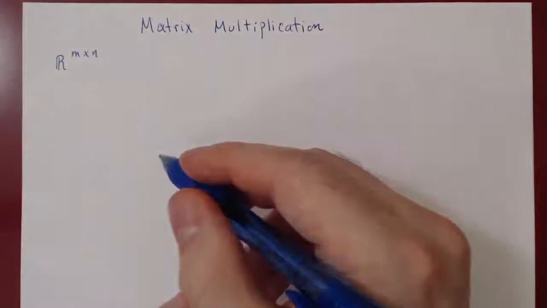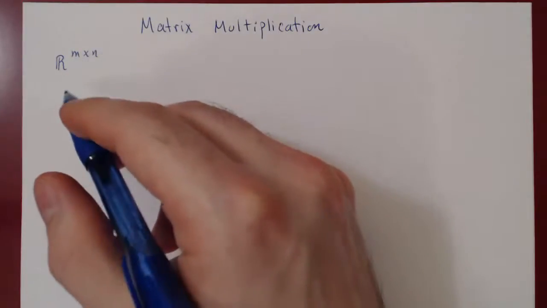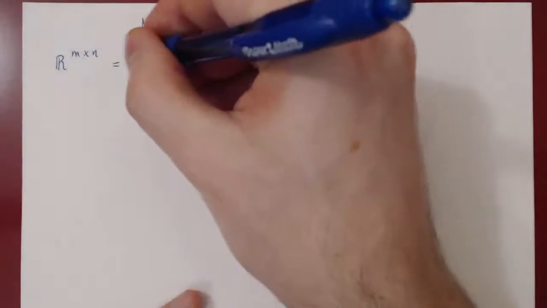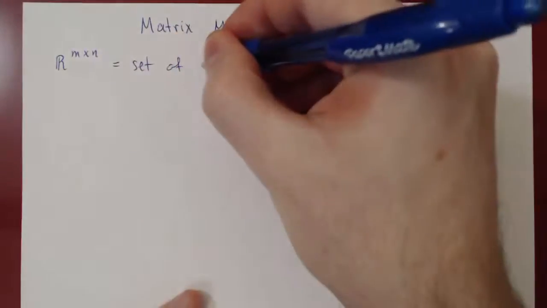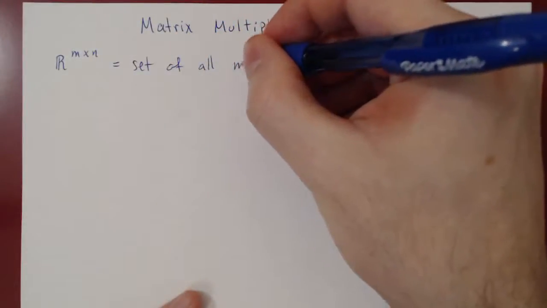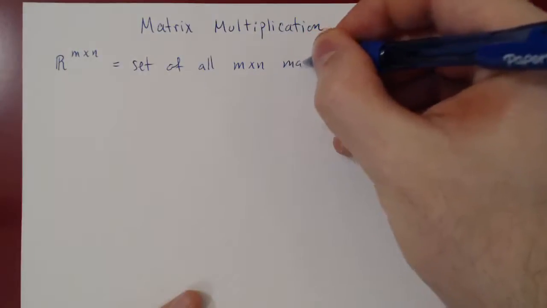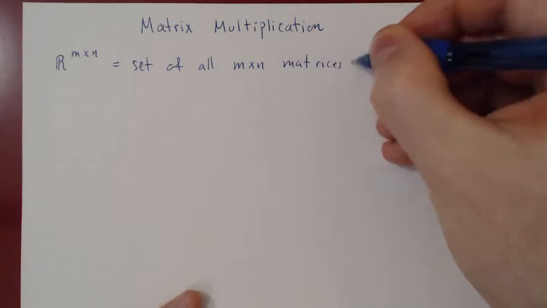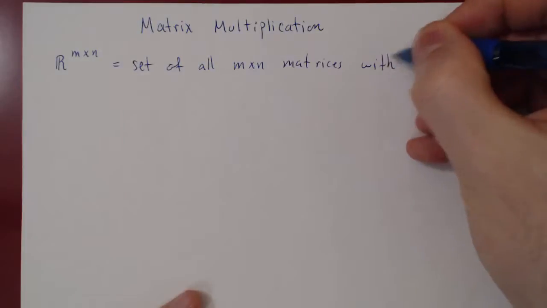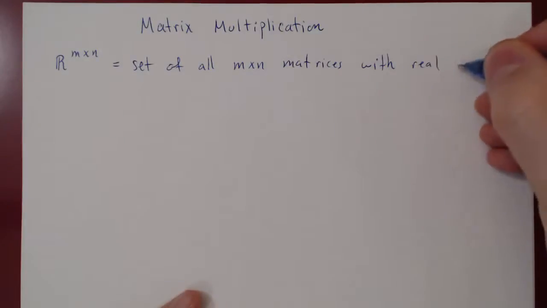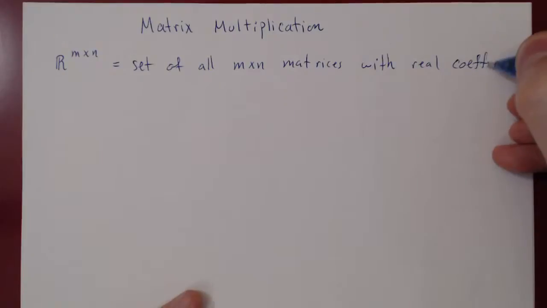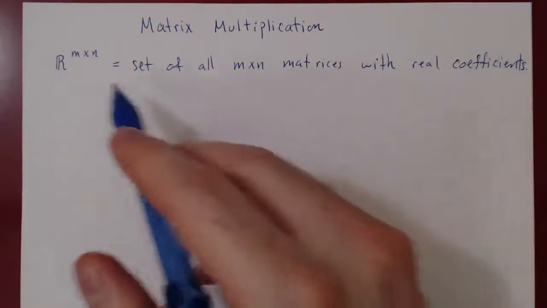of writing. So we write R^(M times N). This is the set of all M by N matrices with real coefficients, or if you prefer, entries.